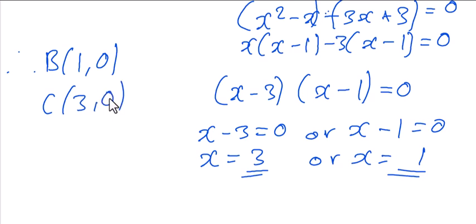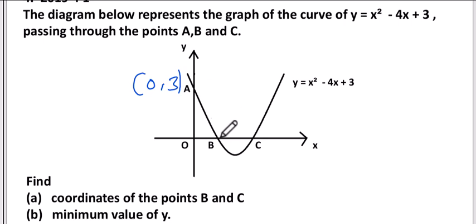So we can look at our question here. Our B in this particular case is going to be 1, 0, and also our C is going to be 3, 0.